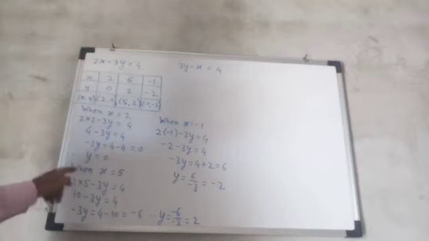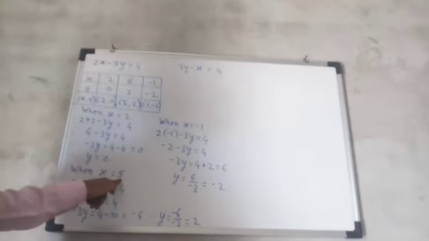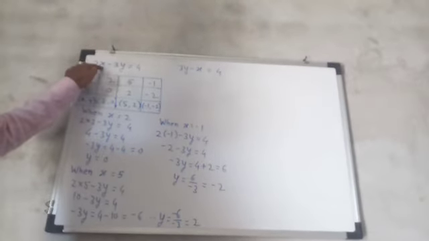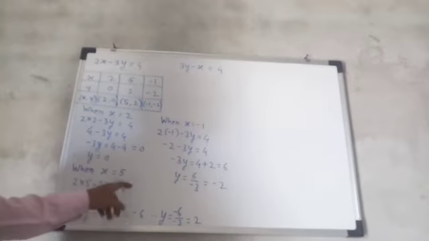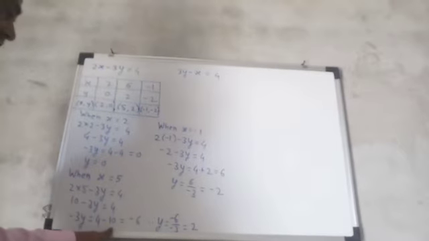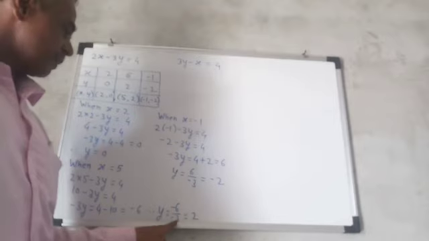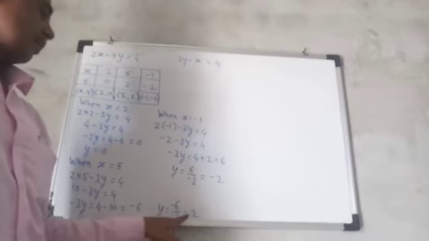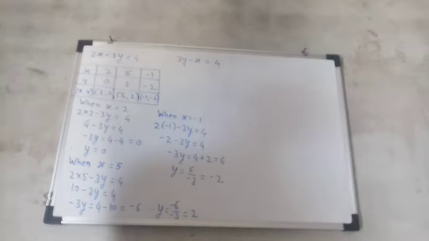Secondly, when x is equal to 5, 2 into 5 minus 3y is equal to 4. 2 fives are 10 minus 3y is equal to 4. Minus 3y is equal to 4 minus 10, minus 6. Y is equal to minus 6 upon minus 3 means plus 2. 5, 2 is the other point.